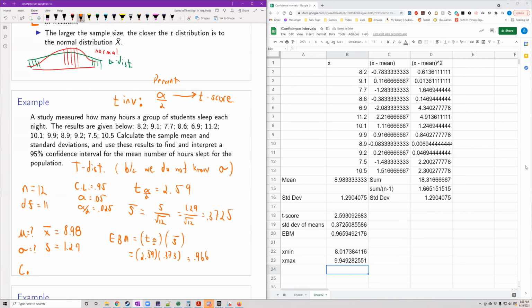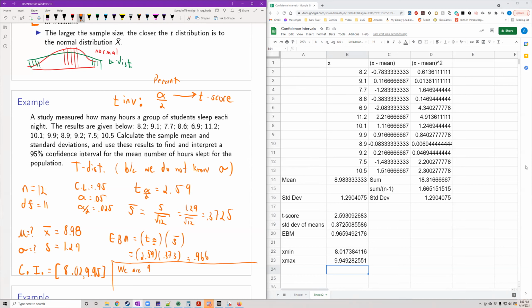So our confidence interval is 8.02, 9.95. And once again, we'll want to interpret all of this.